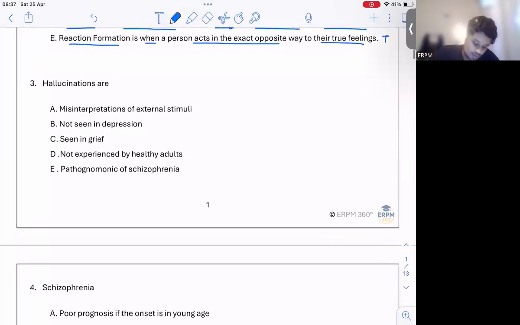This question: hallucinations are misinterpretations of external stimuli, right? What is hallucination? In hallucination, you perceive something, you feel something, when there's no actual external stimulus. There's no external stimulus in hallucination.